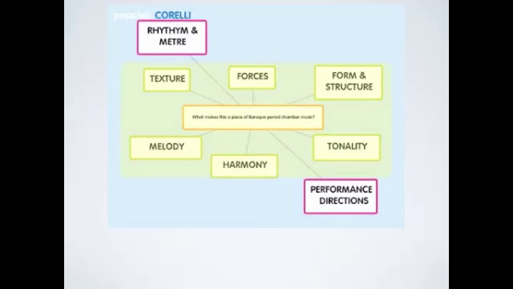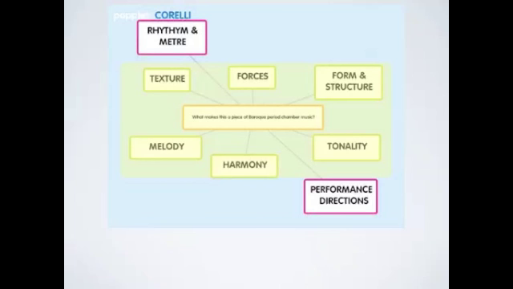After texture, we need to look at where we're going to go from this point. Now, those 6 musical elements, forces, form and structure, tonality, harmony, melody, and texture, are the most important in finding the stylistic features of the Baroque period, or of any given piece. What makes that a piece in that period of music?